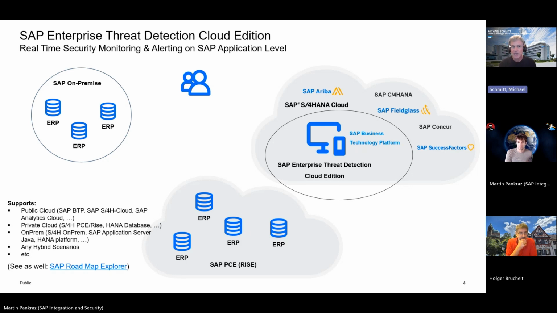It does real-time security monitoring and alerting, especially on SAP application level. And if it comes to SAP application levels, many people think about S4 systems, which is the main topic, by the way. Why? Because SAP is the ERP company, and for sure, if it comes to security monitoring, then the S4 systems are the most important ones.